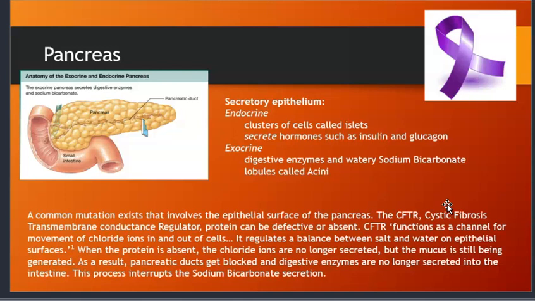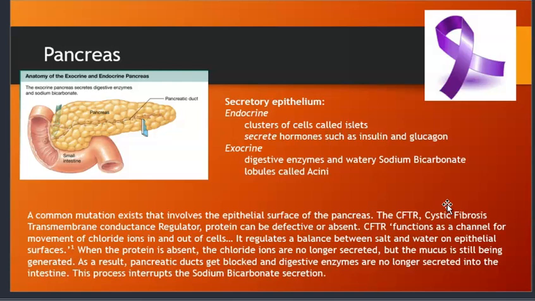And then the exocrine portion of the epithelium secretes digestive enzymes, which we'll discuss a little bit more later, as well as the watery sodium bicarbonate. These digestive enzymes are secreted from the acini. They're lobules that are on the pancreas.